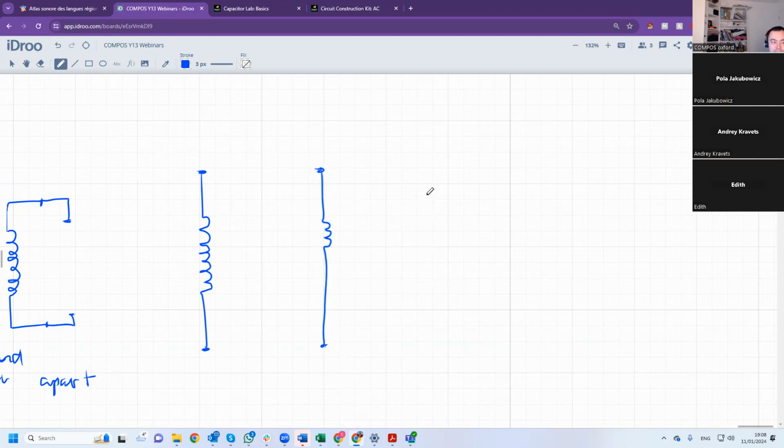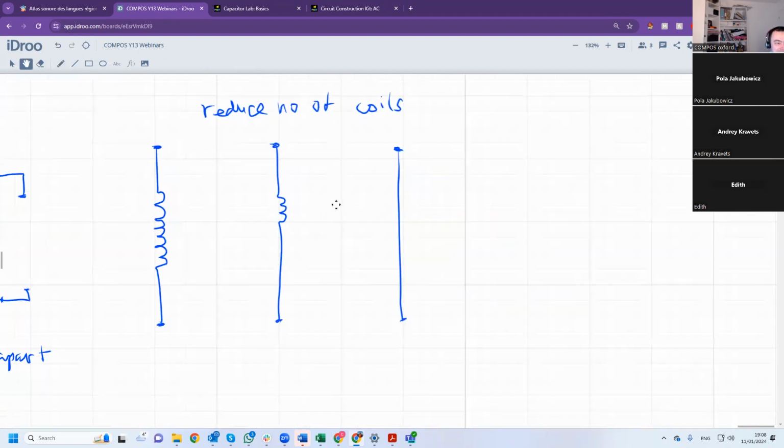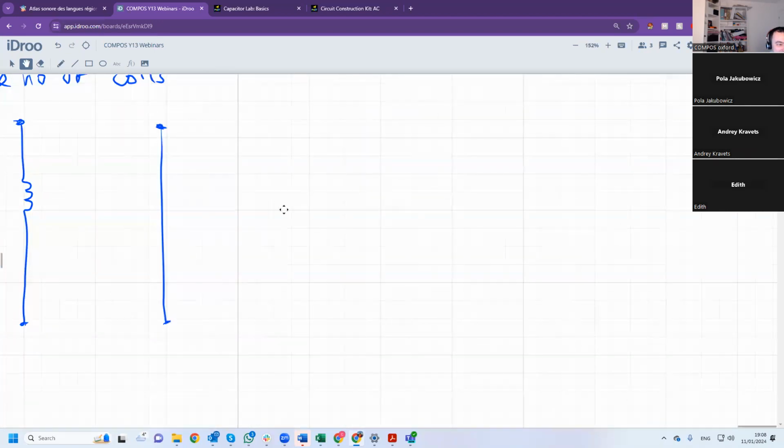Well, how do we make it minimum? We just have no coils. Reduce the number of coils, and make the plates just nothing.